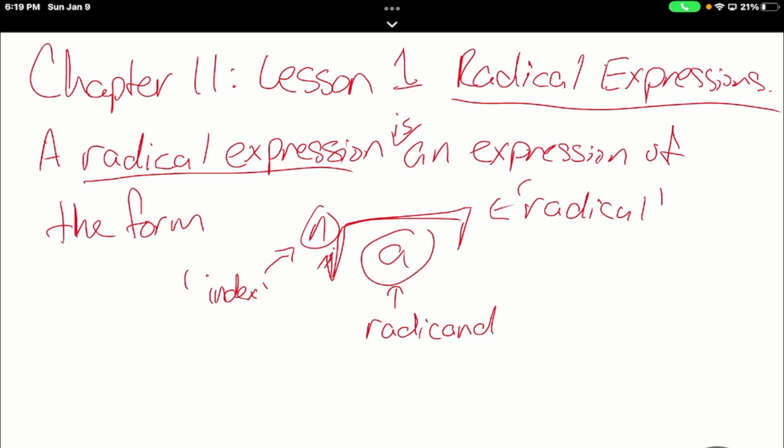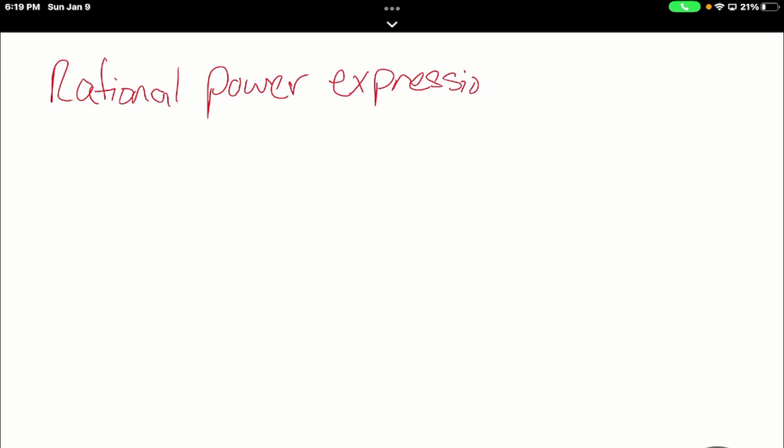I'm going to erase all of this. So the next thing I want to get into is these things called rational power expressions. Rational power is the key here. So I'm going to change back to black so we can distinguish it.